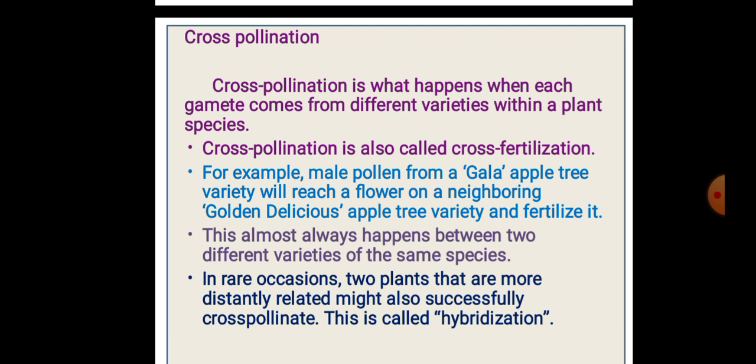This almost always happens between two different varieties of the same species. On rare occasions, two plants that are more distantly related might also successfully cross pollinate. This is called hybridization.